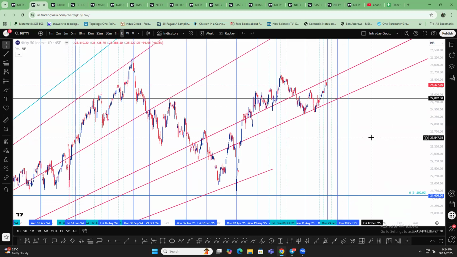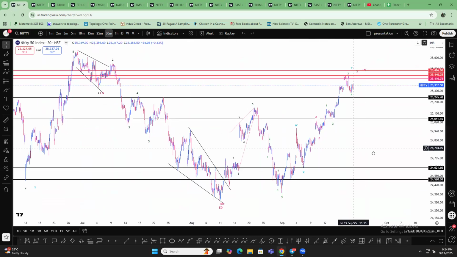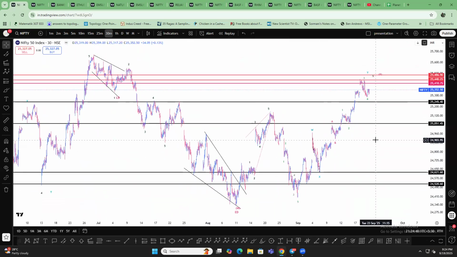Now let's move on. Having these in our mind, let's move on to our well-known chart. See, what we have discussed earlier, you can refer to the previous videos where we discussed the long-term view of our market.